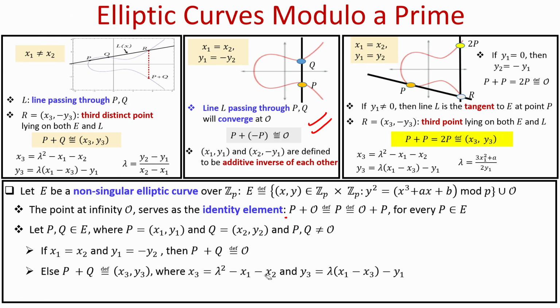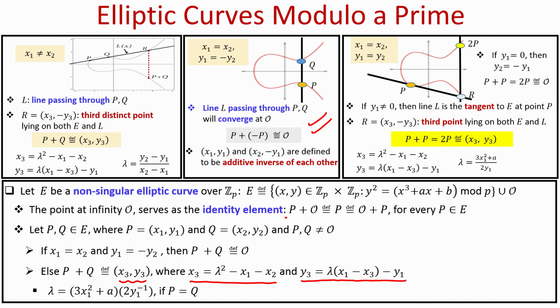Otherwise, if x1 is not equal to x2 or y1 is not equal to y2, then we define P plus Q to be (x3, y3), where x3 and y3 are elements of Z_P, and where x3 will be lambda squared minus x1 minus x2, of course everything modulo P, and y3 will be lambda times (x1 minus x3) minus y1 modulo P, right.